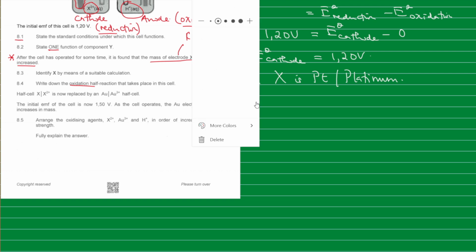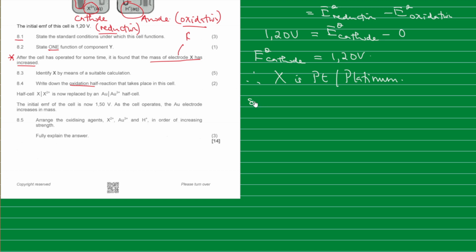So our answer to 8.4: hydrogen, which is our gas, is being oxidised. Use one arrow here, don't use two arrows for reversible. So hydrogen gas is losing electrons to give us H plus and 2e.